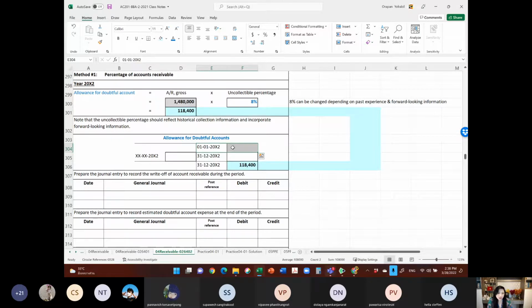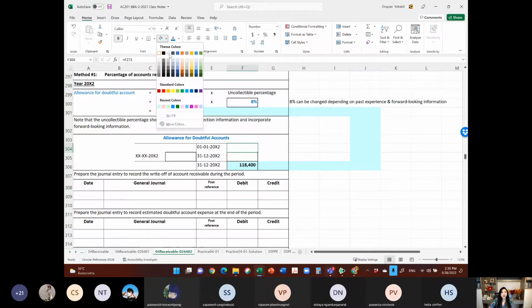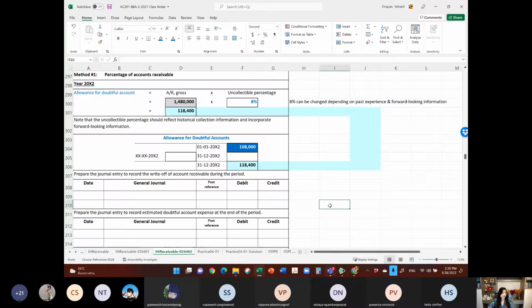Do you have any allowance from the prior year? 108,000. Okay, all right. So from the prior year, you already have this 108,000 estimated.